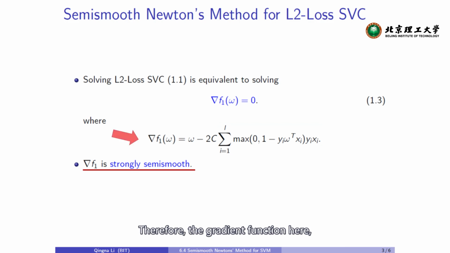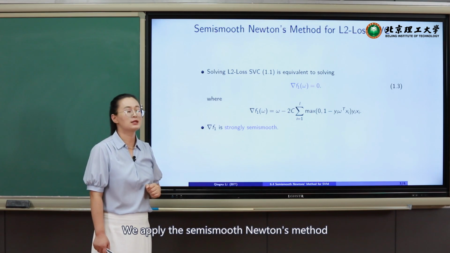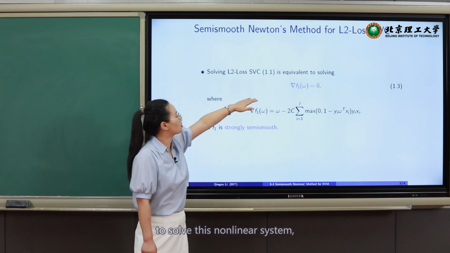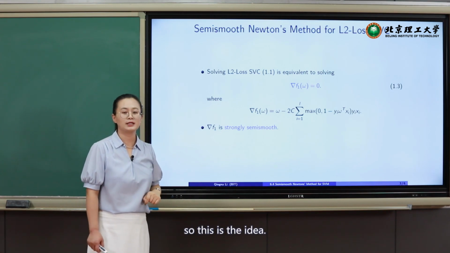Therefore, the gradient function here is strongly semi-smooth. In other words, this nonlinear function we got is actually strongly semi-smooth. So we can use the semi-smooth Newton's method. Okay? We apply the semi-smooth Newton's method to solve this nonlinear system. So this is the idea.